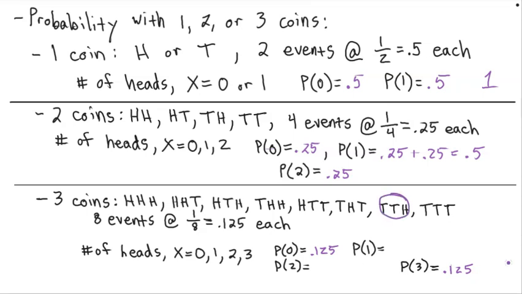But the probability of flipping 1 head or flipping 2 heads, each one of those includes 3 events. Look, tails, tails, heads is 1 head. Tails, heads, tails is 1 head. And heads, tails, tails is 1 head. And so 3 events. So I'm going to put 3 times 0.125. And if we do 3 times 0.125, we get 0.375. And so the probability of flipping 1 head when you flip 3 coins is 0.375.